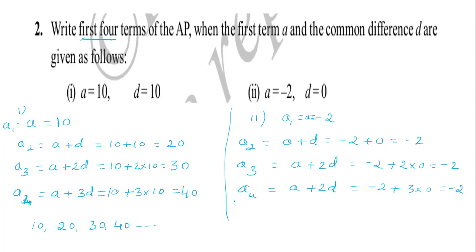Therefore, the arithmetic progression is minus 2, minus 2, minus 2, minus 2, and so on.